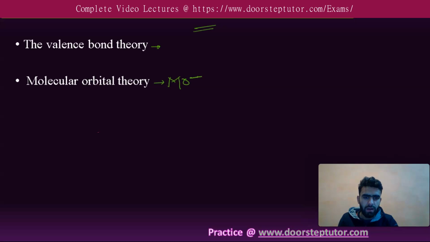First of all, we will look at Valence Bond Theory: what are its advantages, what are its postulates, how it explains covalent bonding in molecules, and what are its limitations. After that, we will study how Molecular Orbital Theory explains the limitations posed by Valence Bond Theory. So let us start with Valence Bond Theory.